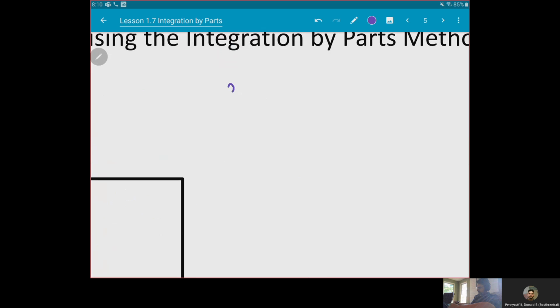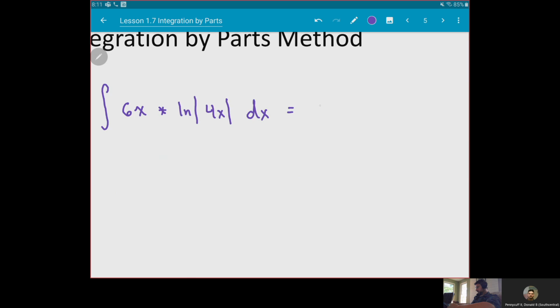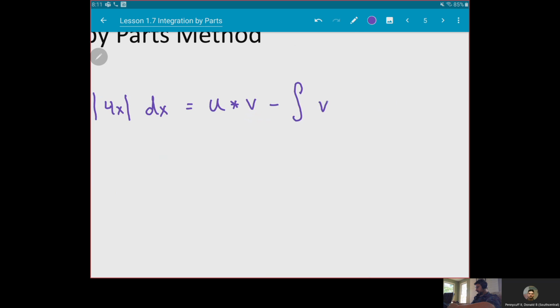So my integral is 6x times ln of 4x dx. So that's going to be equal to u times v minus the integral of v du.